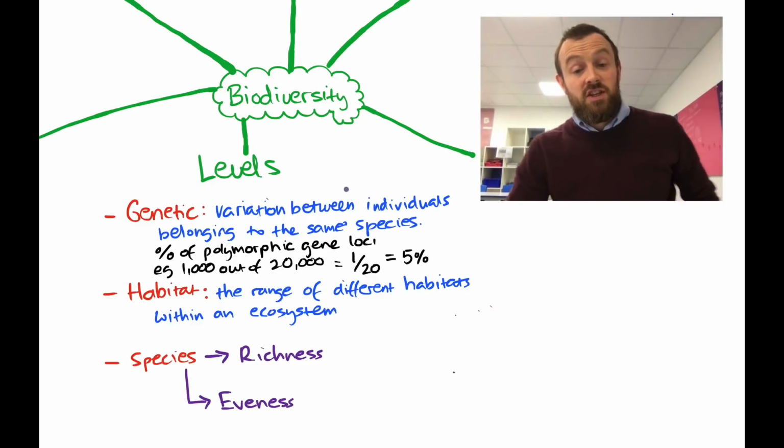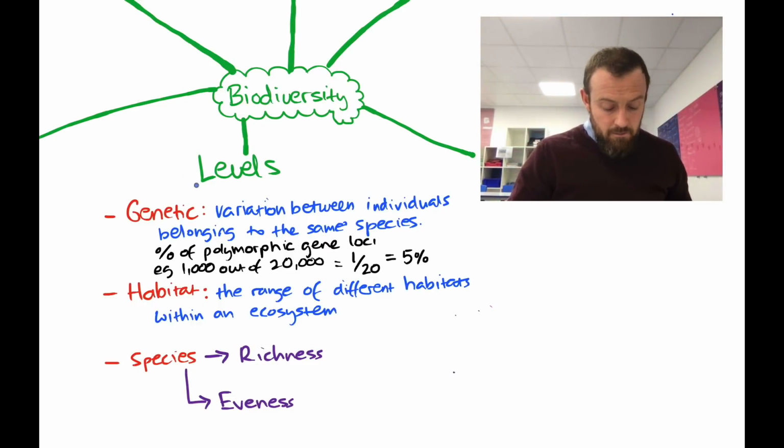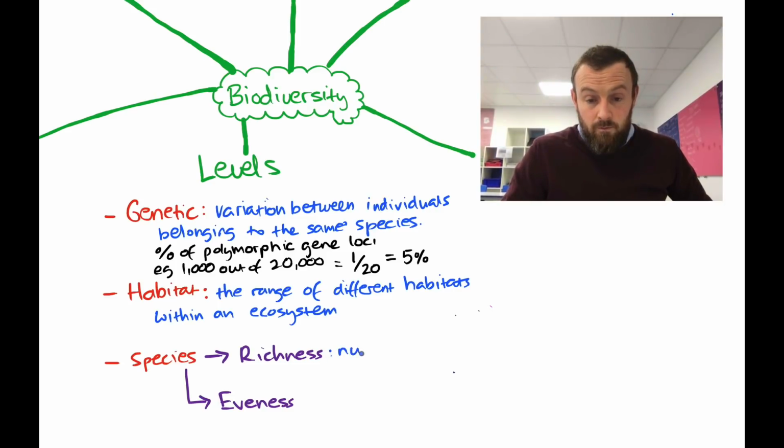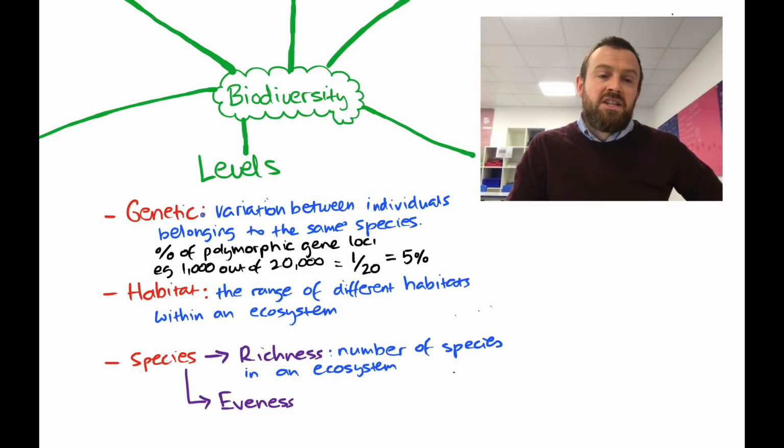So species richness is the number of species in an ecosystem. Whereas species evenness is how evenly represented the species are in that ecosystem.